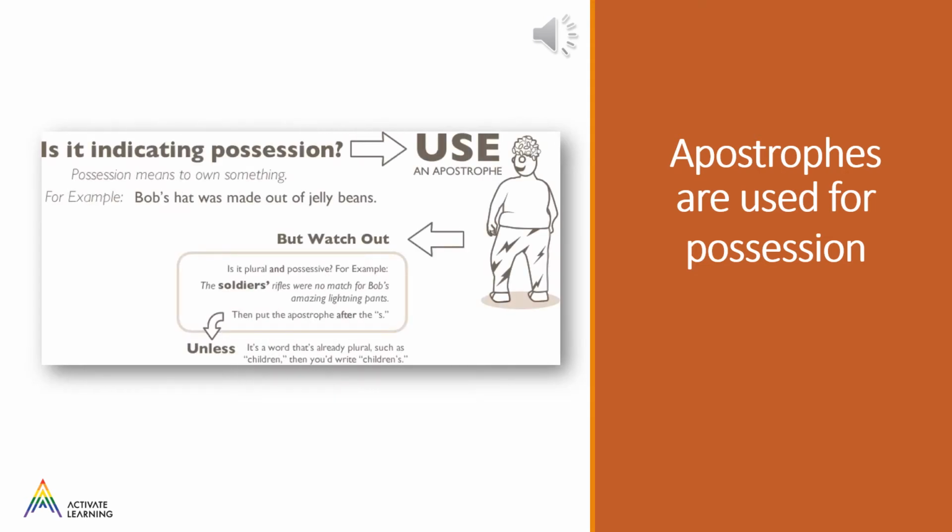Apostrophes are used for possession, and the apostrophe always goes on the owner, such as Bob's hat or the boy's mother. If there are two boys, then the apostrophe goes after the S.